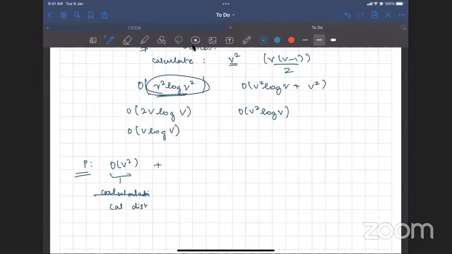So there is no V square log V. Then you do DSU, which is still less than V square log V. That is not the bottleneck of the complexity, so this is in turn order of V square.